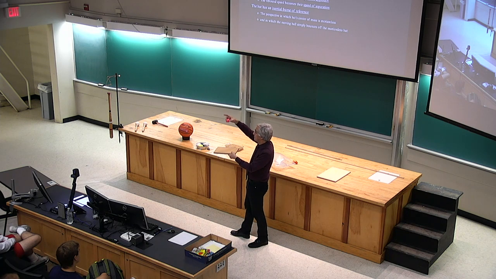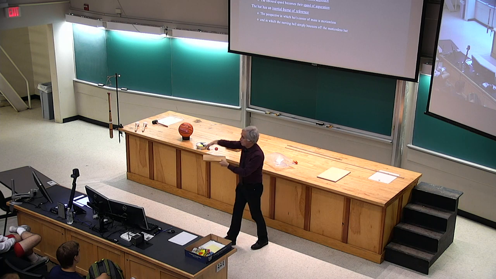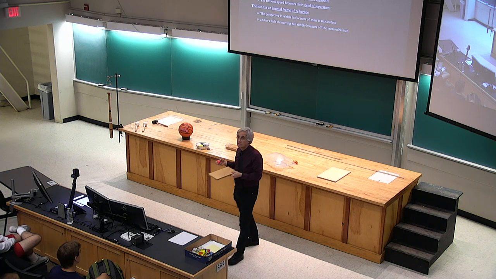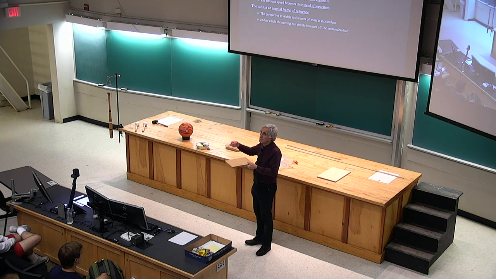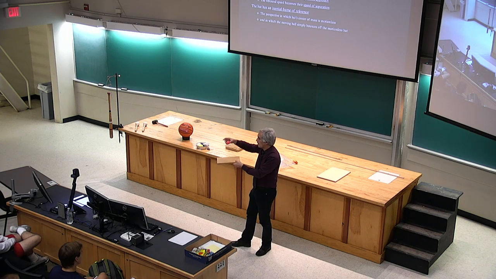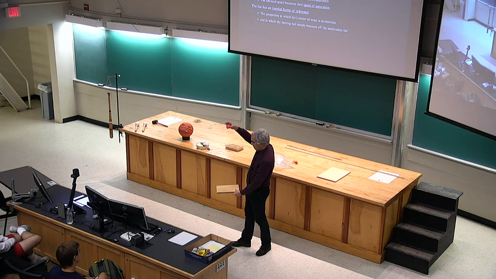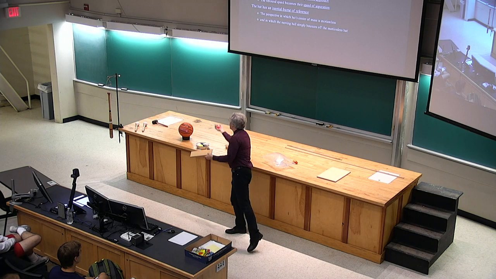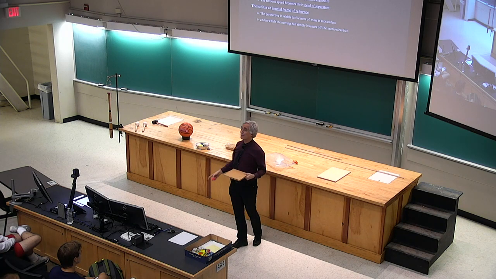If I drop the ball off that surface while the surface is motionless, we're back to normal, the first story. It's the same as if I dropped it off the floor. But if I bounce the ball off the surface while the surface is rising, the bounce is quite different.